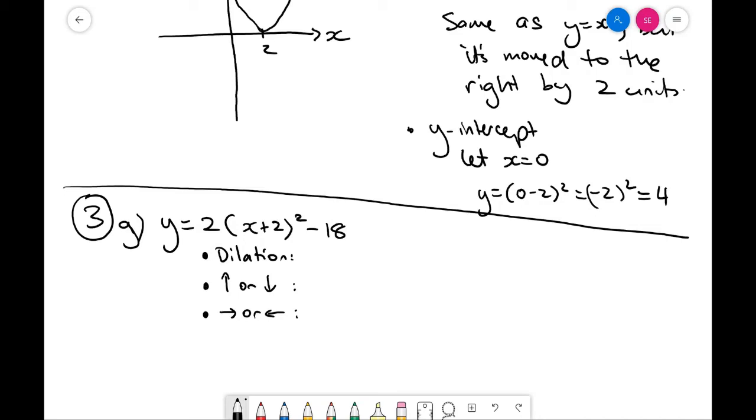So we can see here that it's being dilated by 2. Now, if it's a dilation greater than 1, it means it's an expansion. Now, is it going up or down?